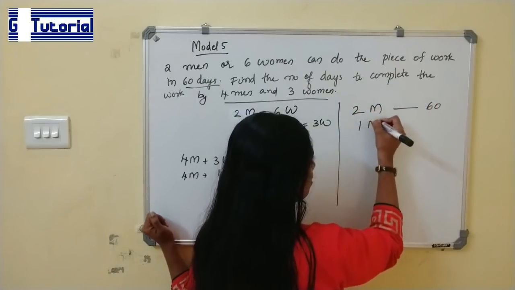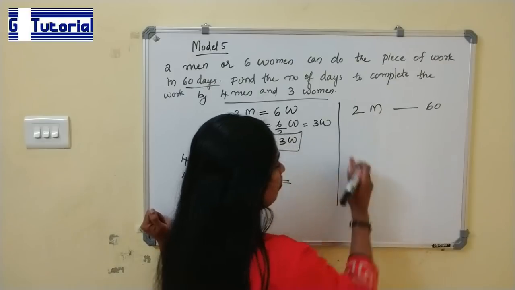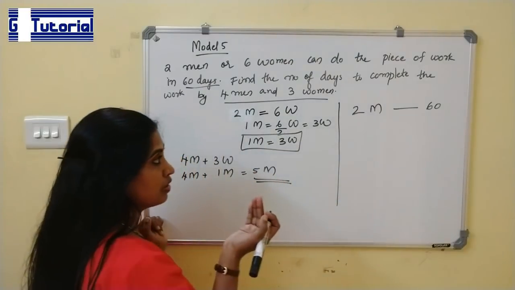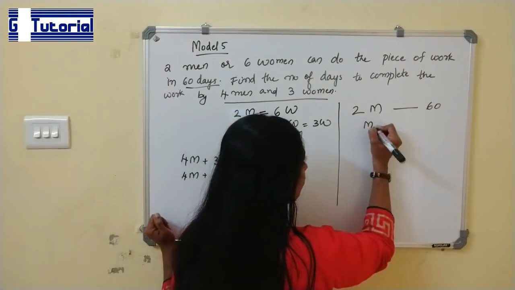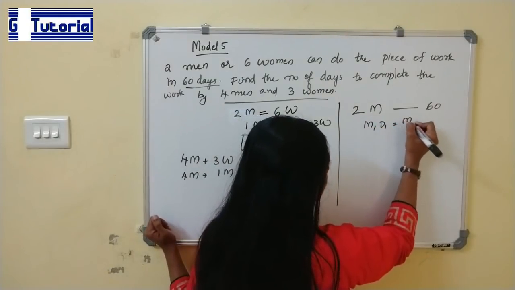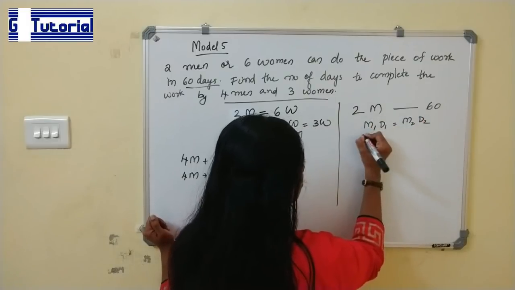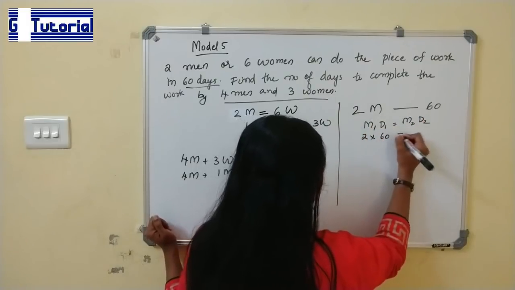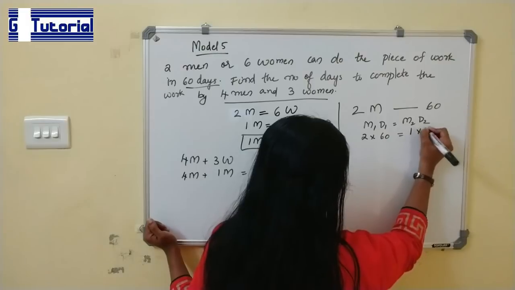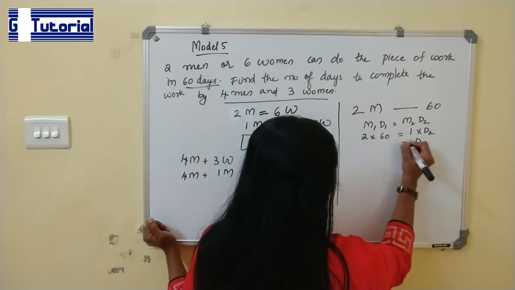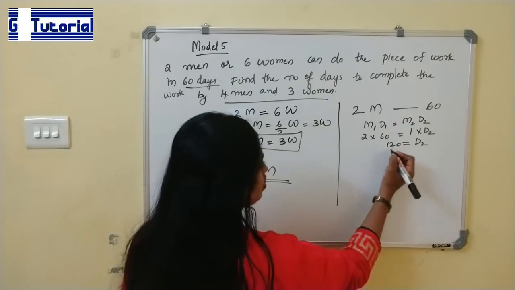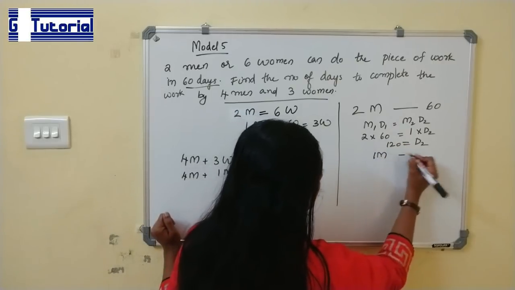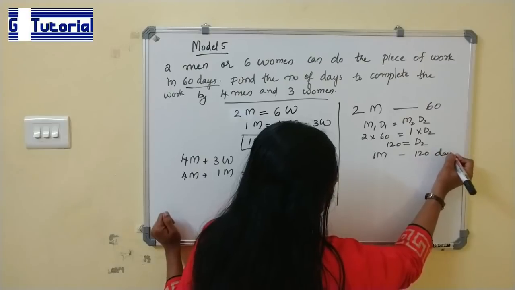We have to find how many days 1 man takes, so we apply the chain rule. M1 D1 is equal to M2 D2. M1 is 2, days is 60, and we find D2 for 1 man. So D2 is equal to 2 into 60 by 1, that is 120 days. So 1 man takes 120 days to complete the work.